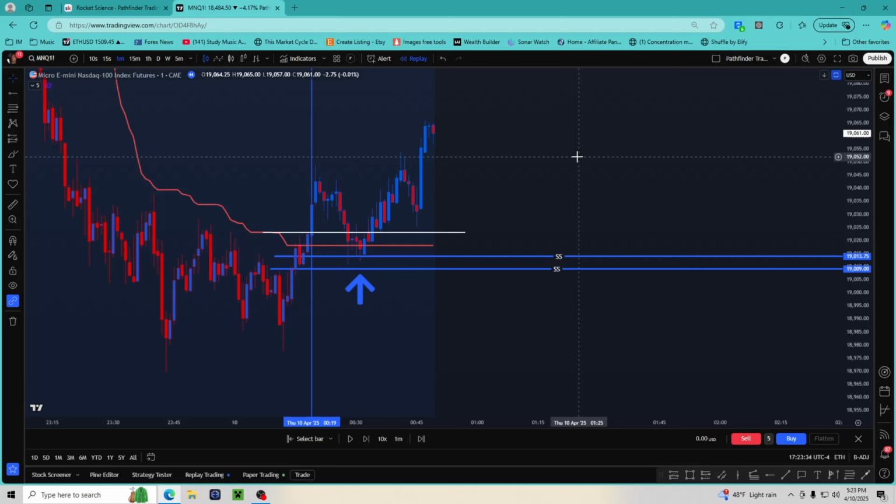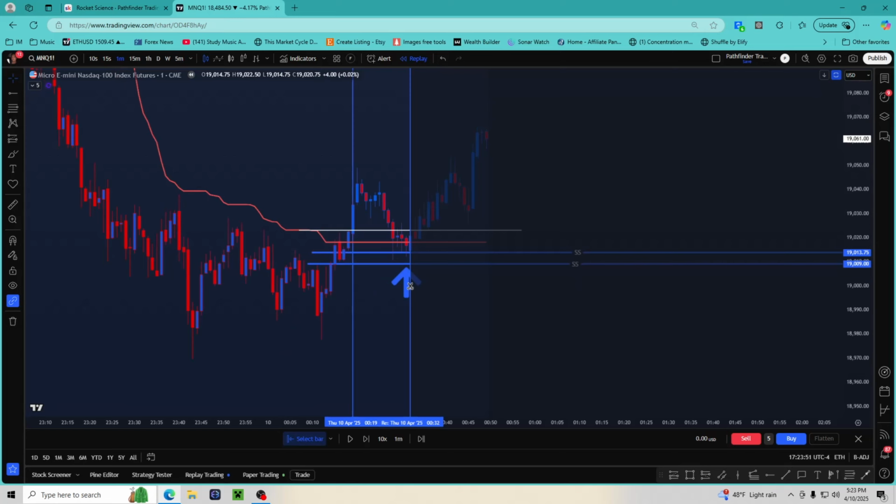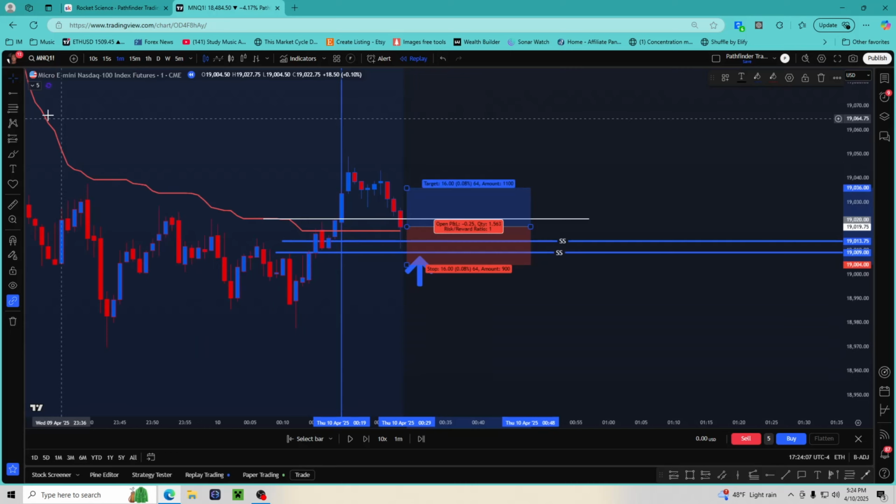For right now, all you need to do is manage your accounts correctly. And when you get the rejection from that level, which was 50% of the measurement, you need to know when you enter, you're looking for at least a 1 to 3 risk to reward ratio.